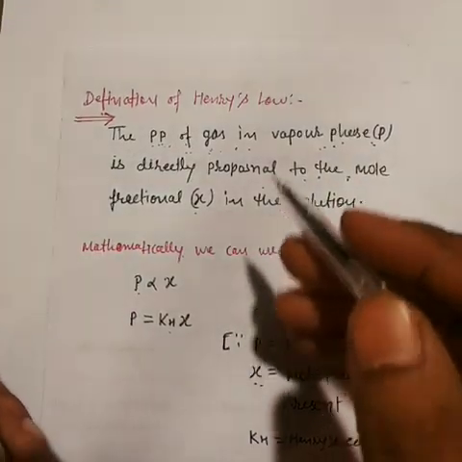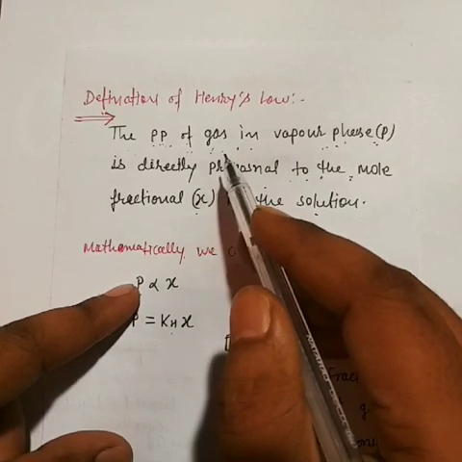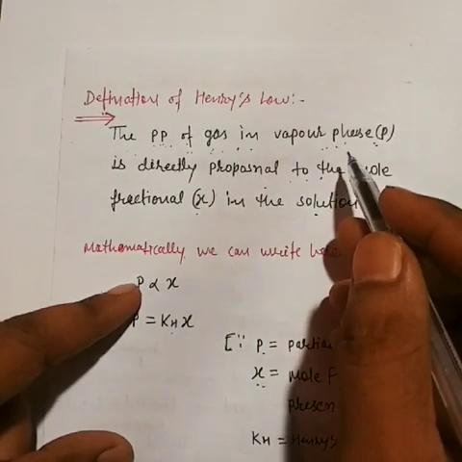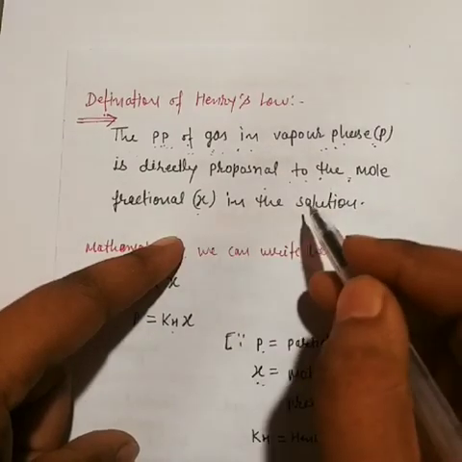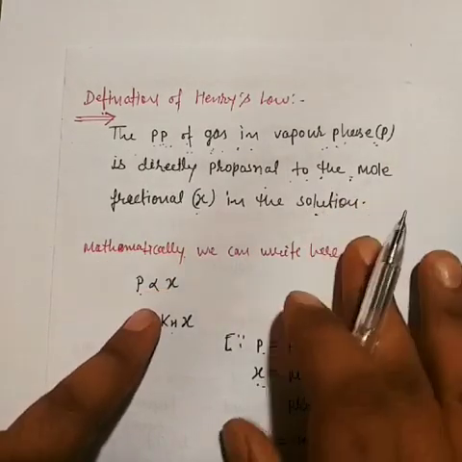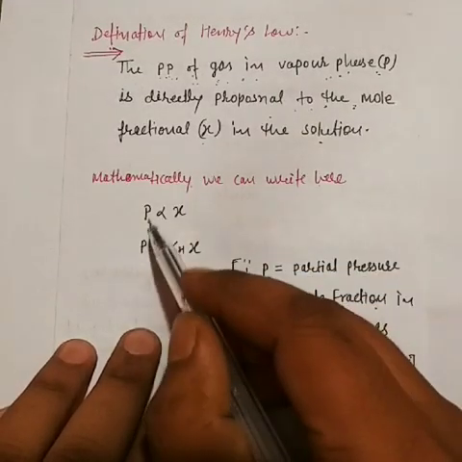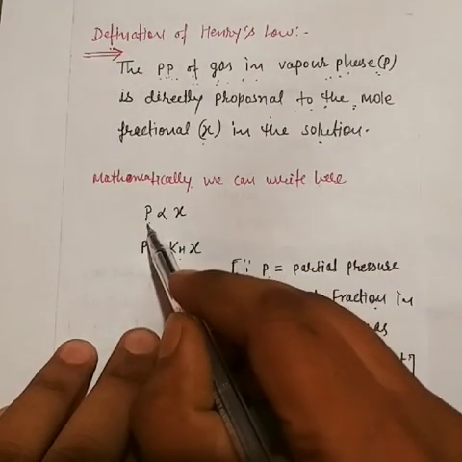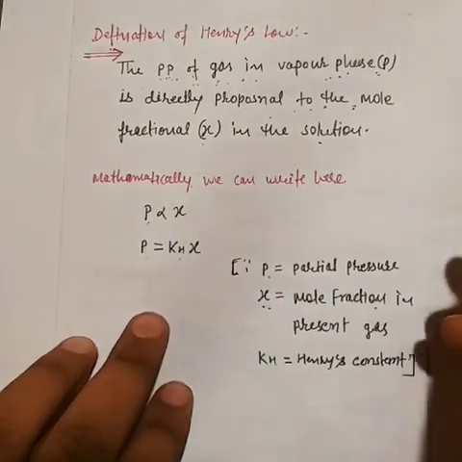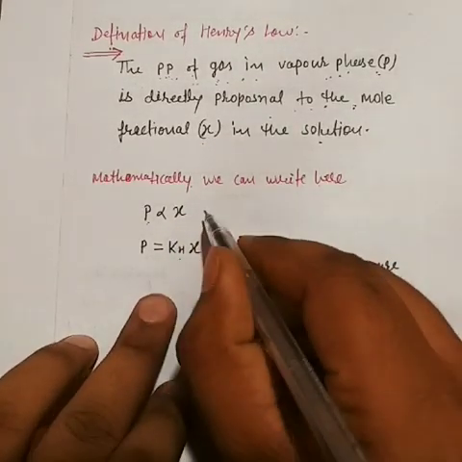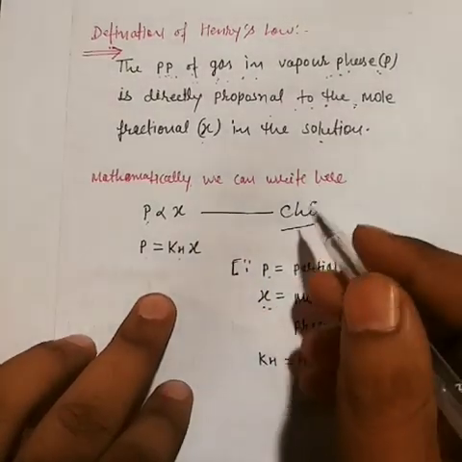Once again I repeat, the partial pressure of gas in vapor phase is directly proportional to the mole fraction in solution. So we can write mathematically: P, the partial pressure of gas, is directly proportional to mole fraction, which is represented by chi.